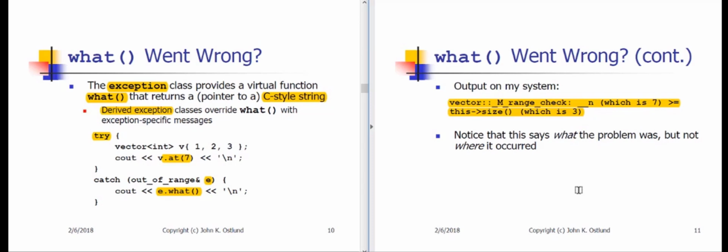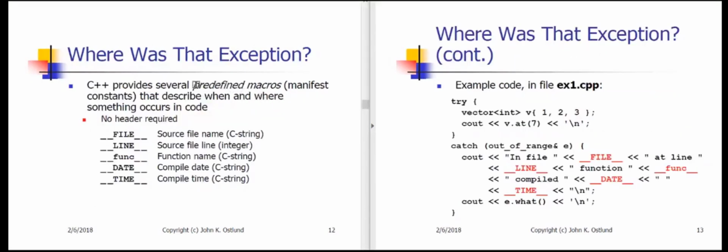So in a nutshell, that tells us that we tried to use an index of 7 in a vector that only contained 3 elements. This is nice. It tells us what the problem was. Unfortunately, it doesn't tell us anything about where the problem occurred, so there's more information that we would also like. C++ provides several predefined macros created with the #define directive that will give us more information about where in the file we are and also what day and time the file was compiled.